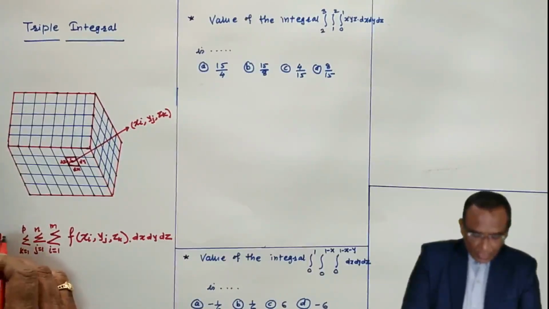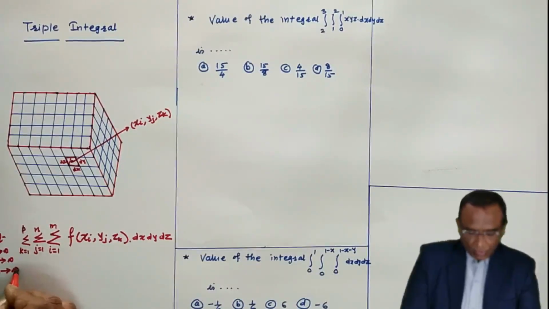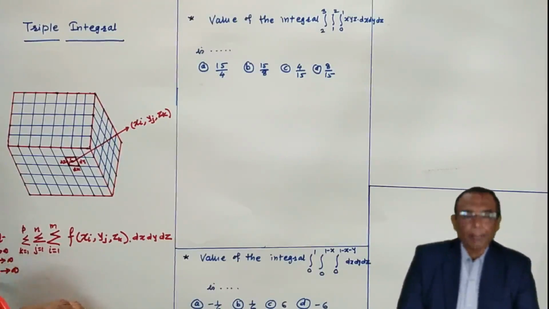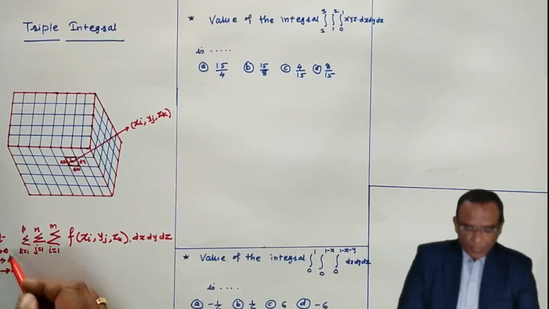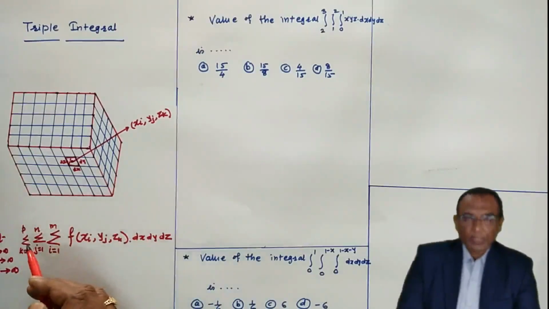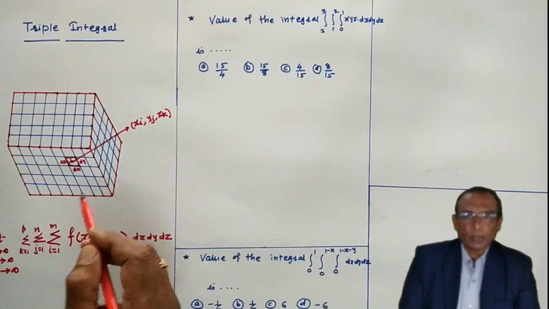I am going to take the limit as p tends to infinity, n tends to infinity, and m tends to infinity. So I am going to increase p, n and m. As you increase them, the number of points will be sufficiently large, and I am choosing a single point in each rectangular box.